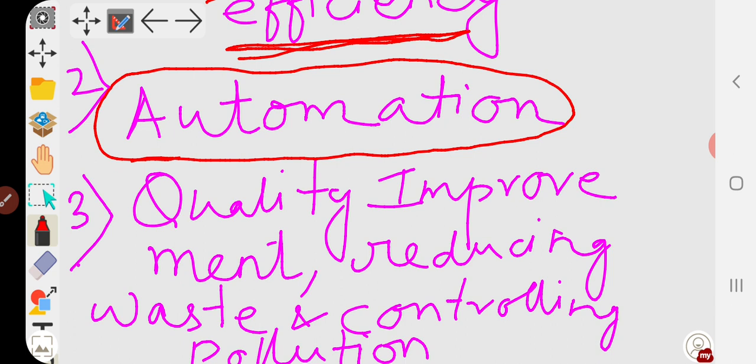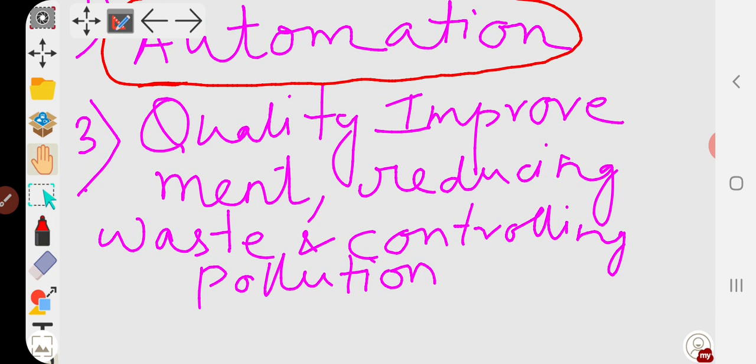So, this is related to a semi-automatic work. So, what does this indicate? In the industry, mechanization means automation, and who is there to control this automation? By computer system. So, mechanization is termed related to the automation.